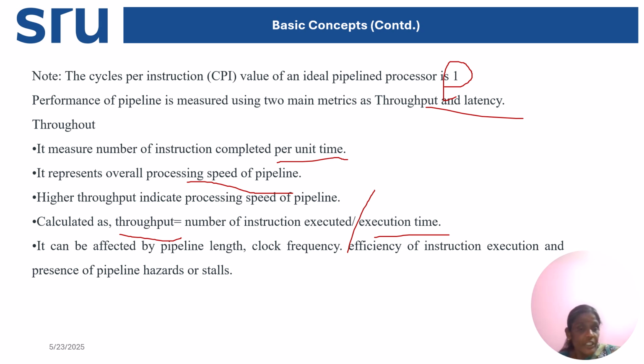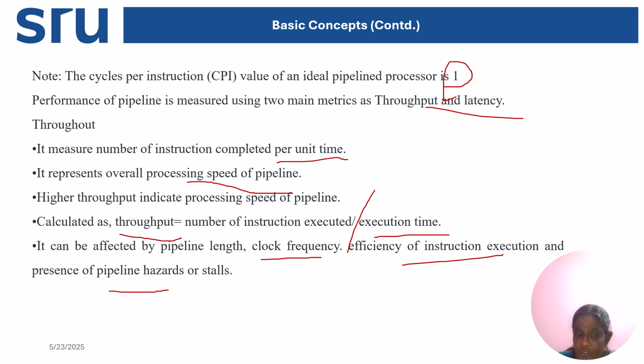It can be affected by pipeline length. So how many instructions are given to the pipeline? If more, then the throughput will automatically be reduced. And then clock frequency: if more clock frequency, no problem, but with less clock frequency the speed will automatically be reduced. Then the efficiency of instruction execution and the presence of pipeline hazards, meaning any problem present in the pipelining.